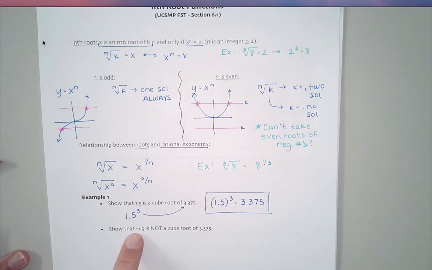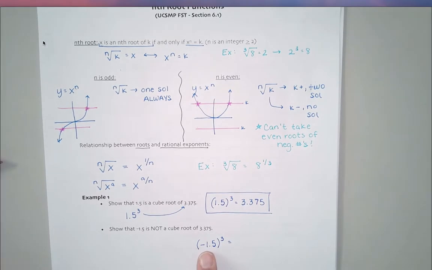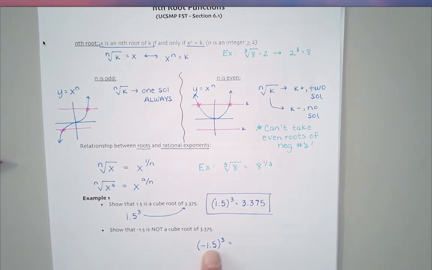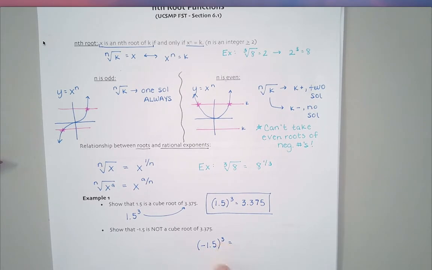So for this one, negative 1.5, I'm going to do the exact same thing. I'm going to take that negative 1.5 and cube it. And you should understand that because this is negative and I'm raising it to an odd power, my answer is going to come out negative. So it's going to come out to be negative 3.375.